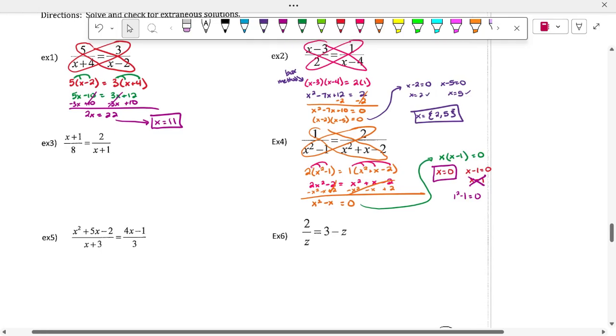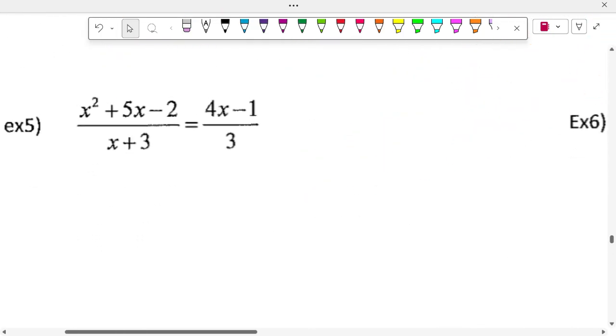All right, try example 5 on your own. Make sure you check for extraneous solutions.